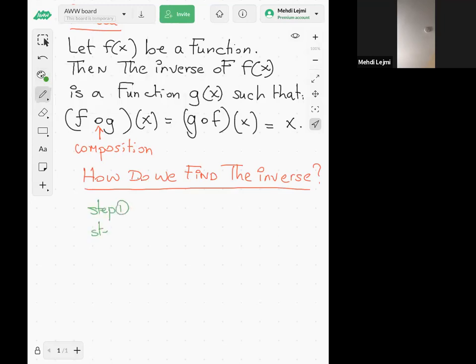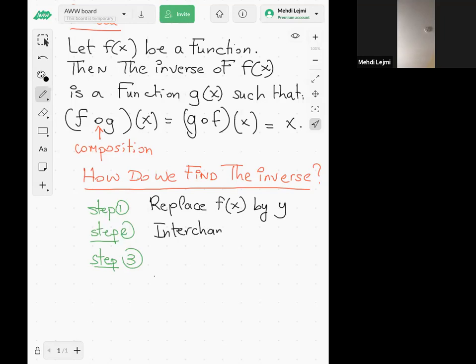Step 1, we substitute f of x by y. Step 2, we interchange x and y. And the 3rd step, which is the main and most important step, we have to solve for y. We said we cannot always solve for y, or sometimes y is not a function, and then the function f has no inverse.